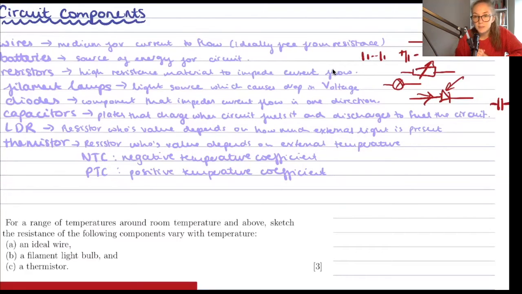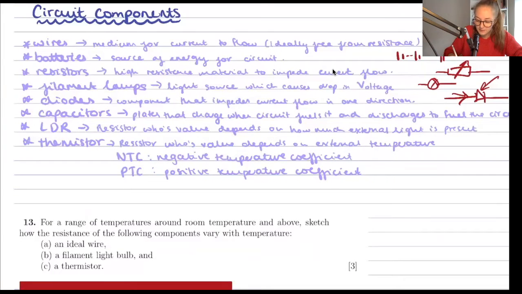And for a positive temperature coefficient, if there's a higher temperature, there'll be higher resistance, and lower temperature, lower resistance. And a symbol for a LDR would be something like this. And then the symbol for thermistor would be something like that.